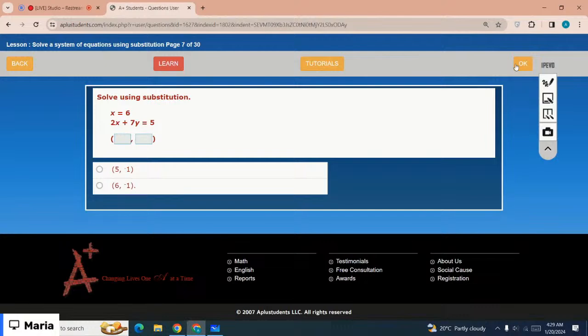Okay, the next one is solve using substitution. x equals 6 and the other equation is 2x plus 7y equals 5. So, which is the correct option?